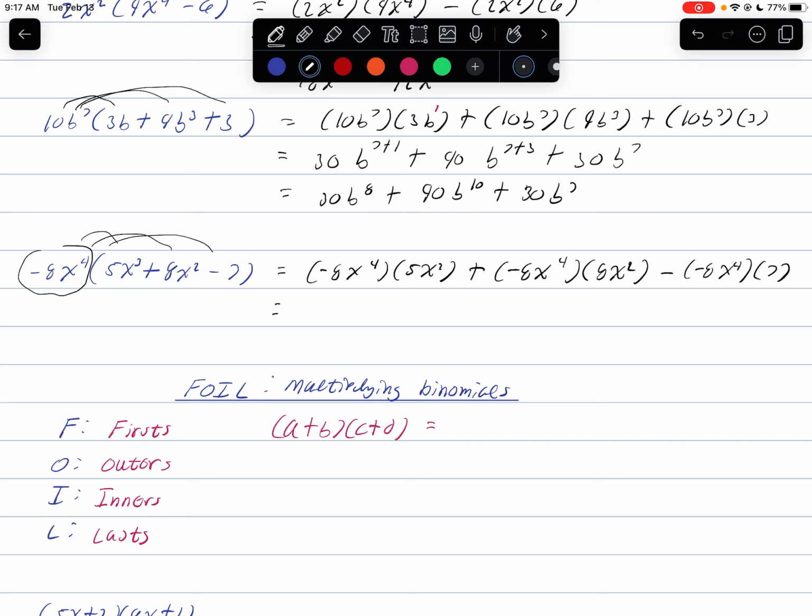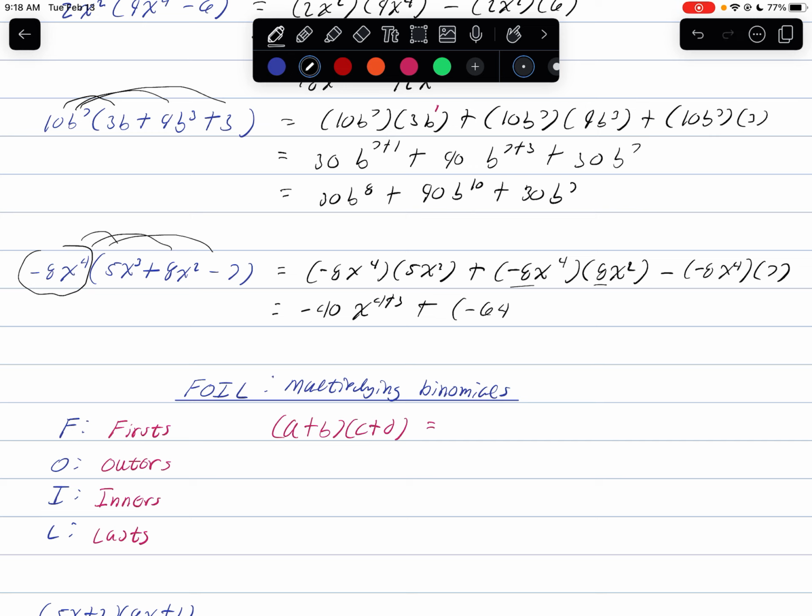So if we look at just our numerical coefficients here, we have negative 8 and 5. That's going to give us negative 40. And then x to the 4th times x to the 3rd is going to give us x to the 4 plus 3 by the power rule. Then for our next term here, we have negative 8 and 8. That's going to give us negative 64.